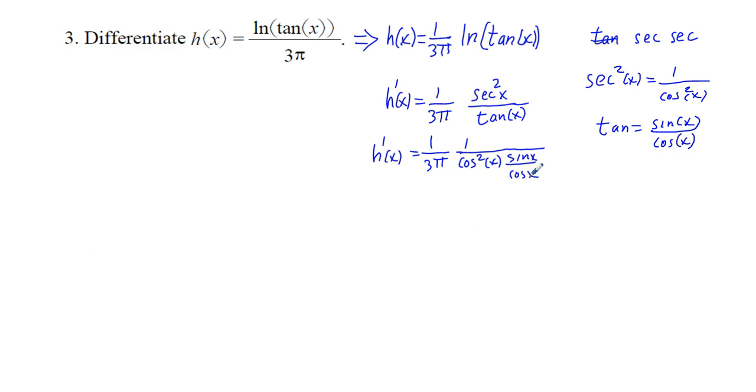And what we have here is that this cosine x can cancel one of the squared. So what do we have left? We have h prime of x equals 1 over 3 pi, and we have 1 times 1 over cosine x sine x.